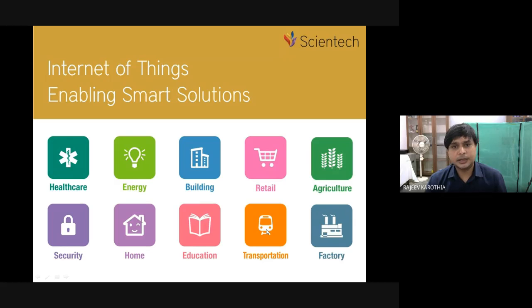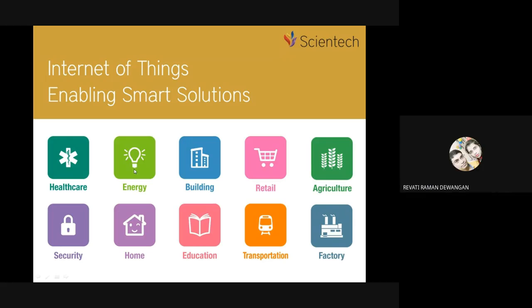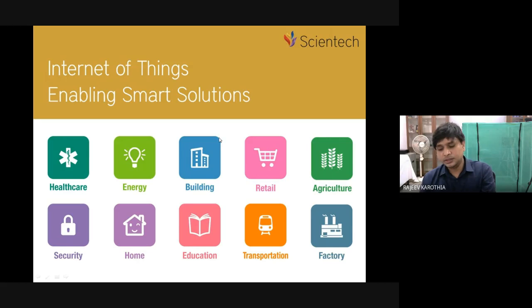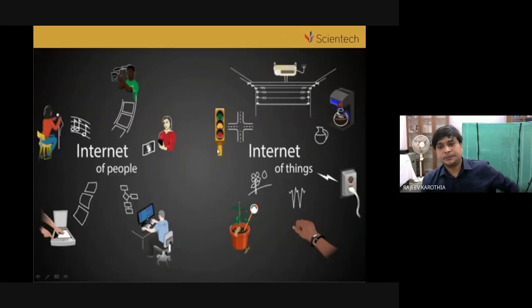Transportation is another application area where we can implement IoT. Smart transportation, and the smart factory in terms of Industry 4.0, where we have the four different building blocks of Industry 4.0. So these are the building blocks and application areas of IoT by which we can make all these solutions smart.